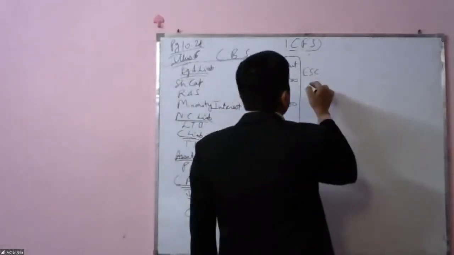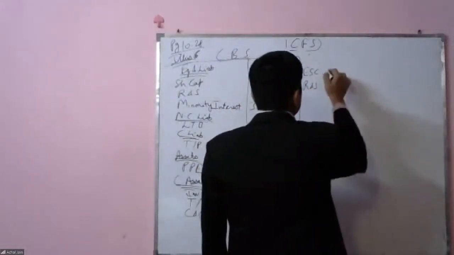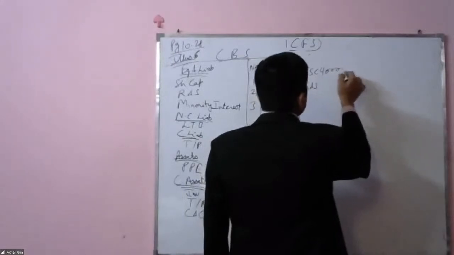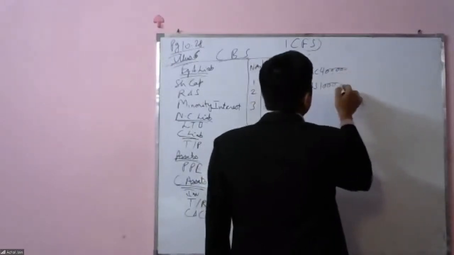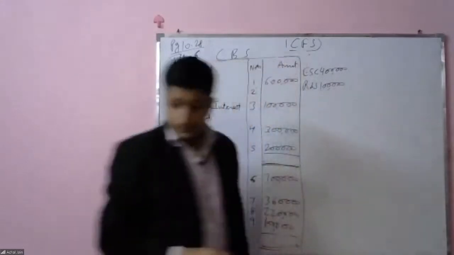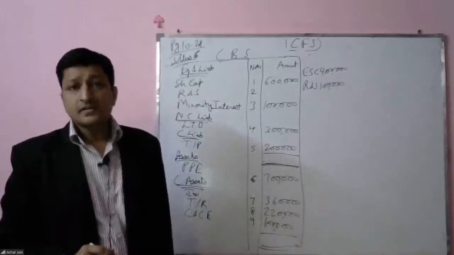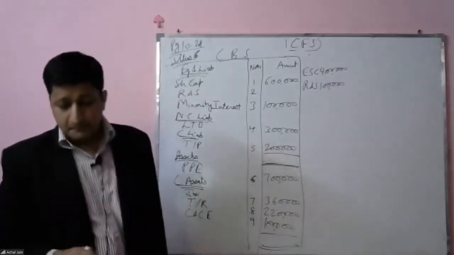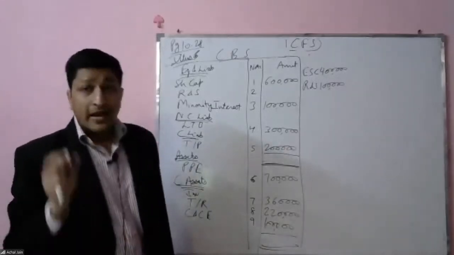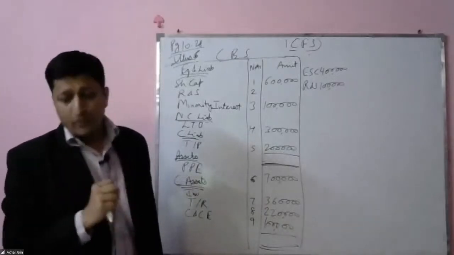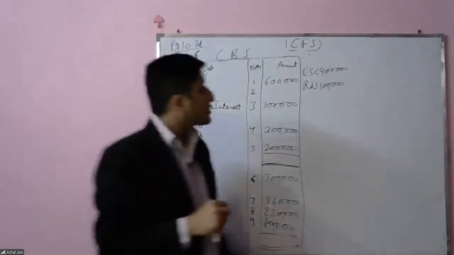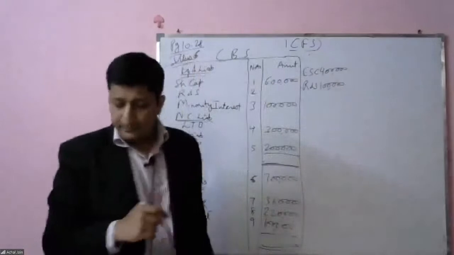So we have equity share capital 4 lakh and 1 lakh. Now what is pre-acquisition in this case? Now I am looking at only the portion of holding. So the portion of holding is what? 80%.